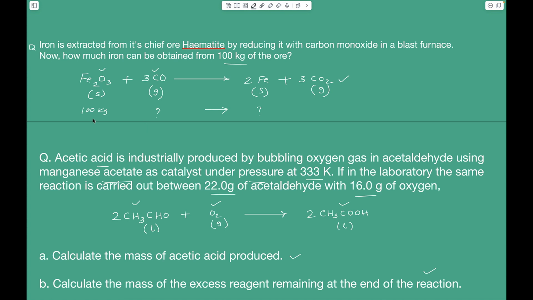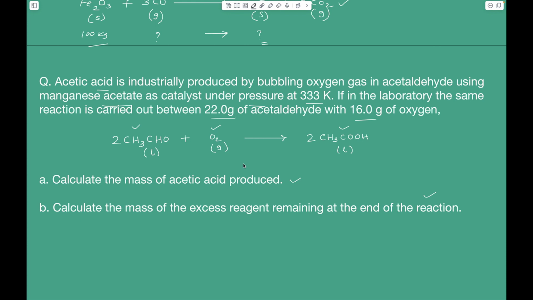So if you are given the mass of only one of the reactants, then you have to assume that the other reactants are available in sufficient quantities for this reactant to completely react without leaving anything behind. With that assumption, you can use the relationship between these two to calculate the mass of iron produced. But that is not the case here.